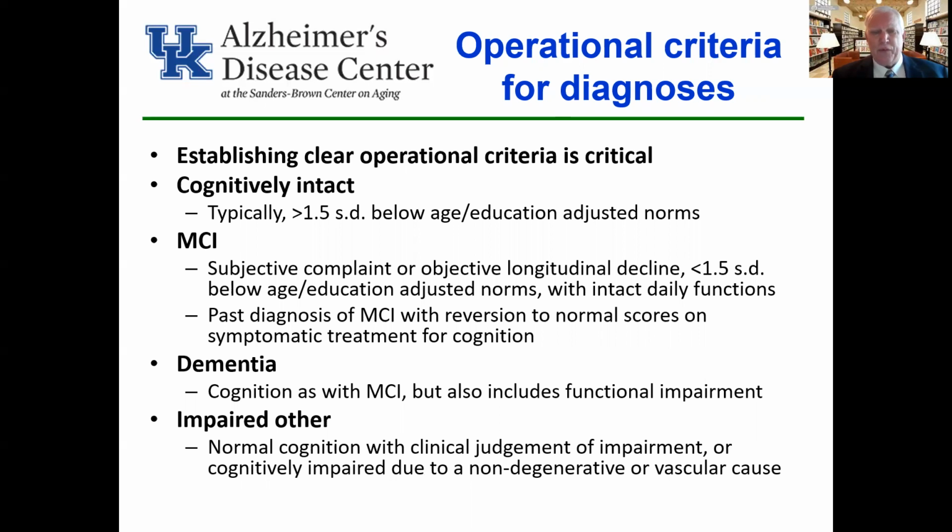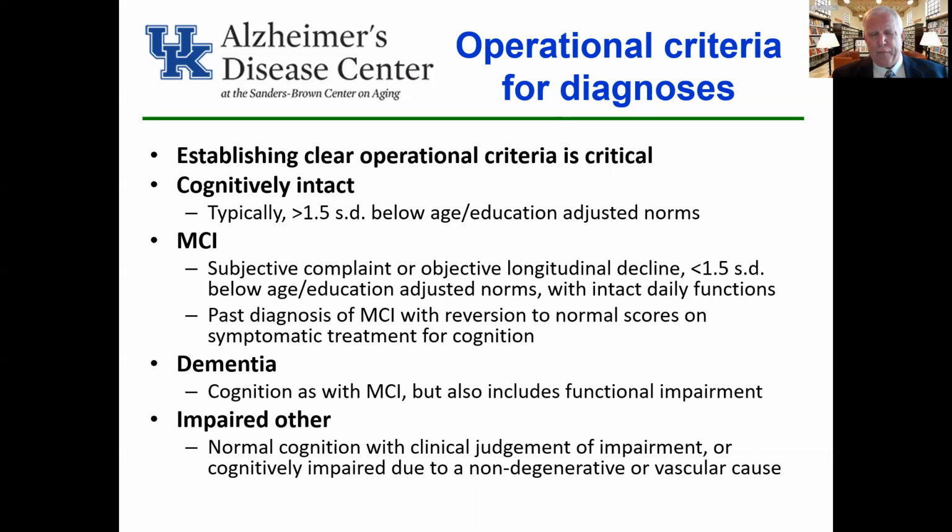These may be folks who have normal cognition, but there are significant complaints or interference with daily activities that don't allow them to be fit into any of the previous classifications. Or they might have detectable cognitive impairment, but we feel that that may be primarily due to a non-degenerative or vascular cause.